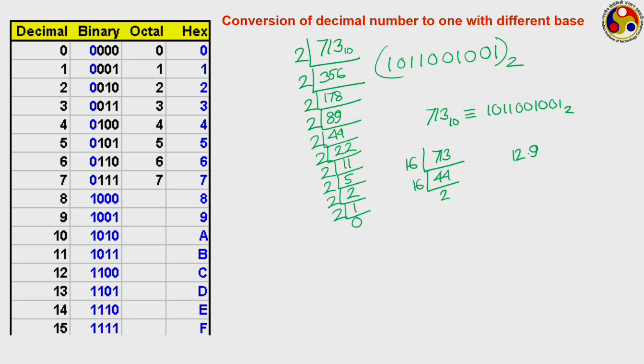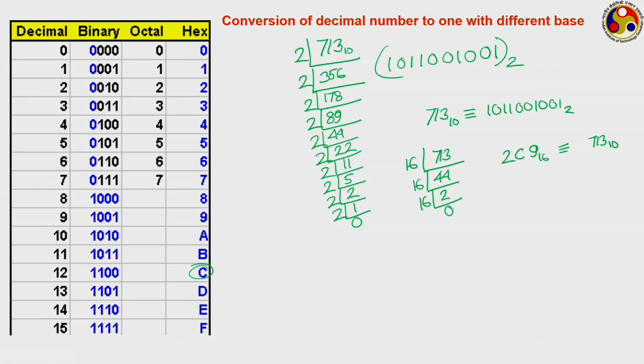Now, 12 we can't put, because in the hexadecimal system there is nothing like 12, but this 12 actually corresponds to C. So, let us write C, and now divide this 2 by 16 again, having a 0, having a 2. So, this 2C9 in the hexadecimal system is equivalent to that 713 in the decimal system.